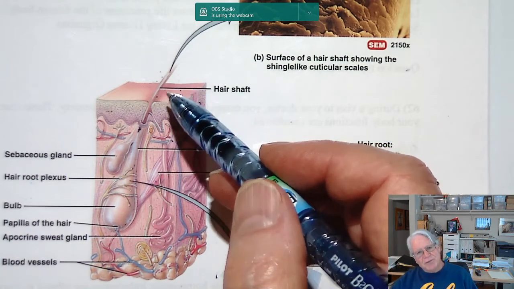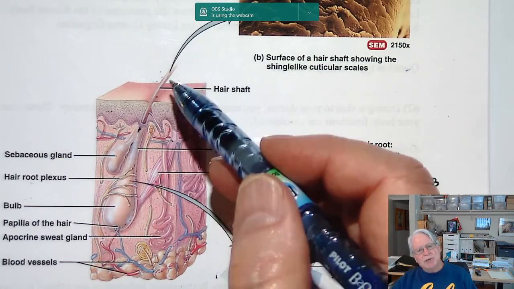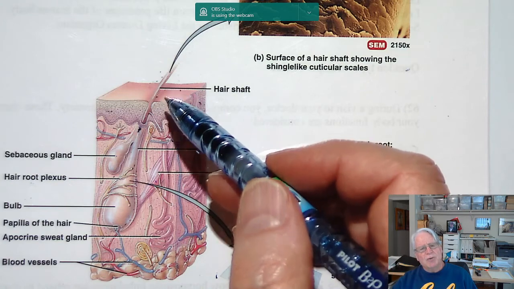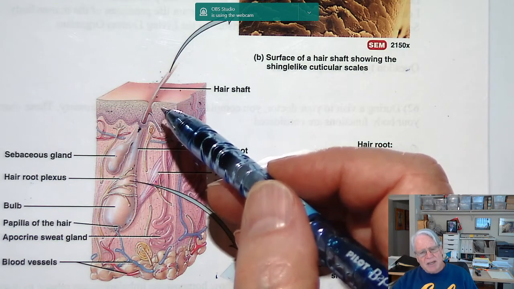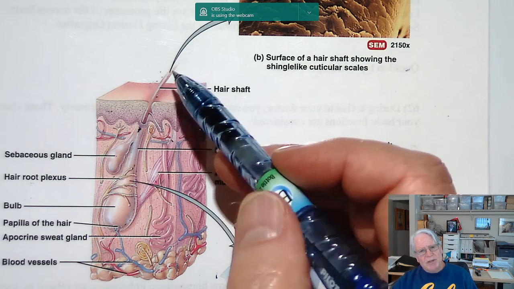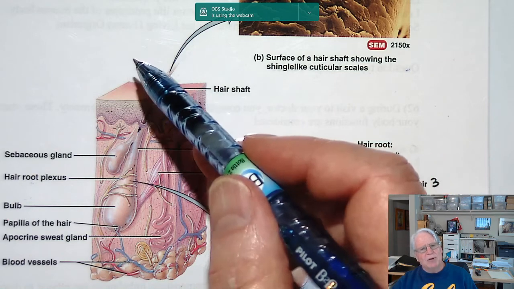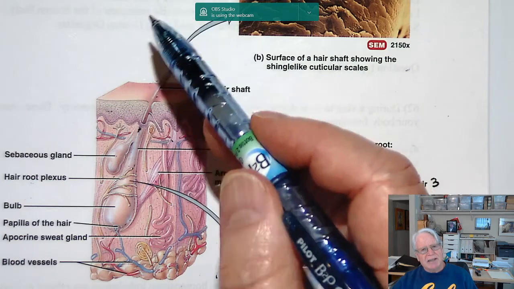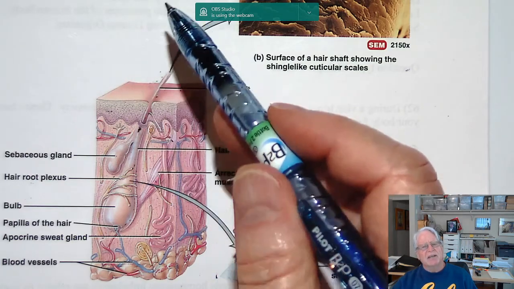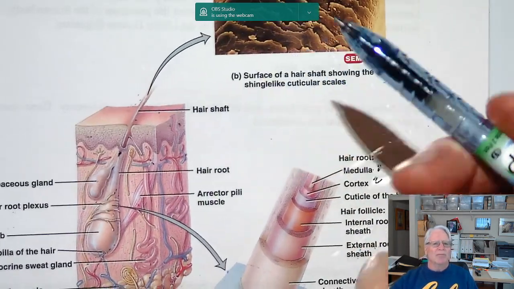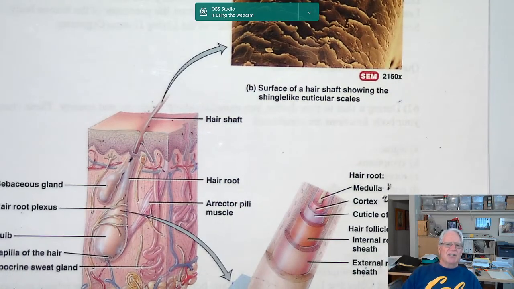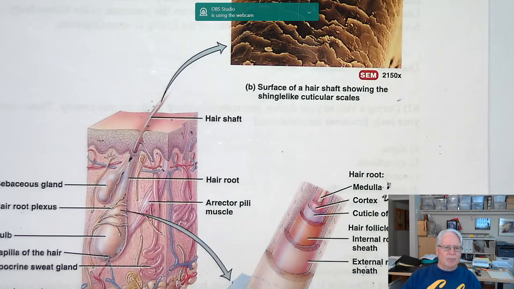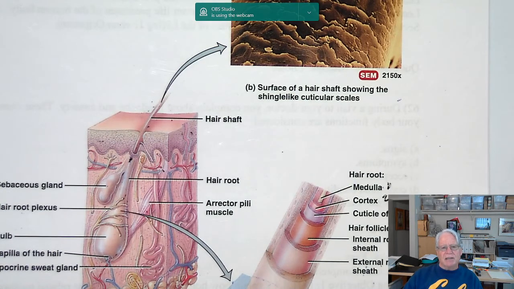If we had fur, though, that would be an advantage for two real good reasons. First of all, if we were cold, we could take the hair, move it in a more perpendicular direction, and create a larger insulating layer of fur above our skin, and that would help us to keep warm. The other advantage is if we felt threatened, we could do the same thing and create a larger body, a so-called threat display.